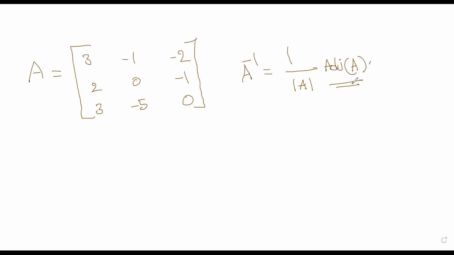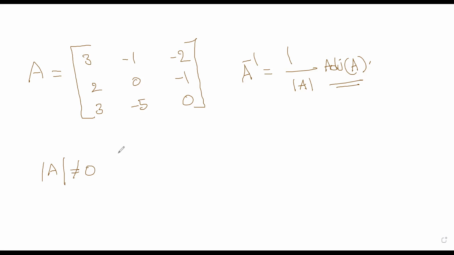The det A process is a little different for a 3 by 3 matrix, and the adjoint A process is different for a 3 by 3 matrix. Yesterday we solved a 2 by 2, and this is a 3 by 3. First we have to solve det A. Det A should not be equal to 0, either for a 2 by 2 or 3 by 3.